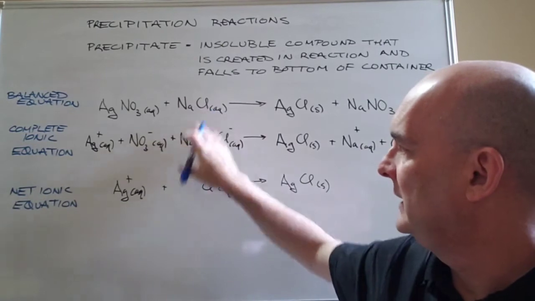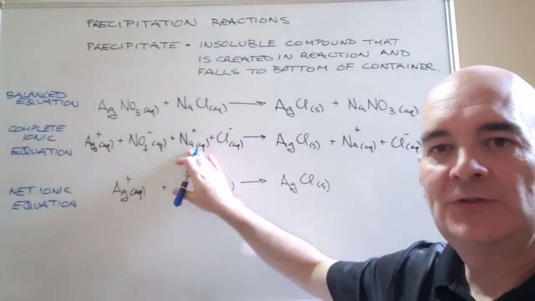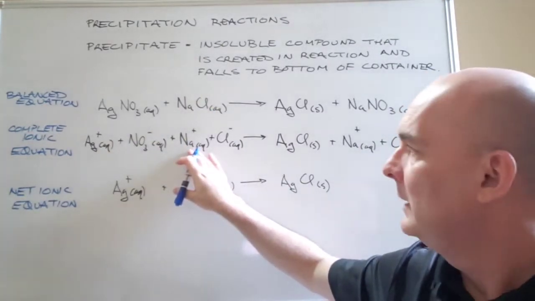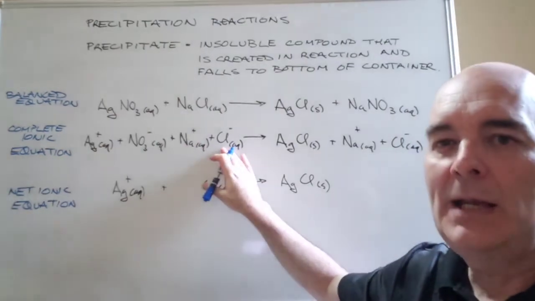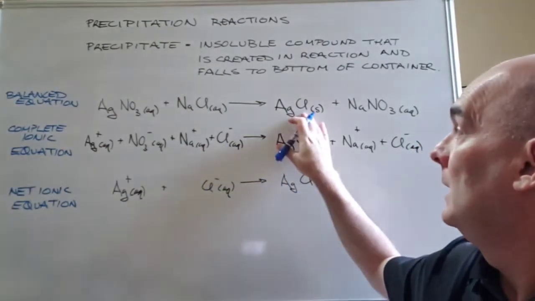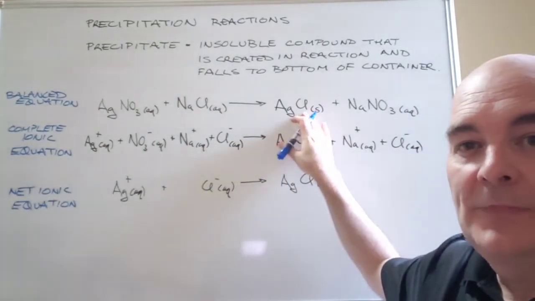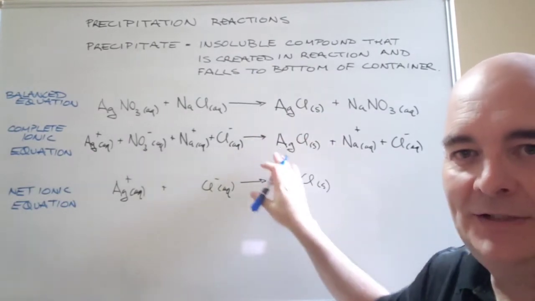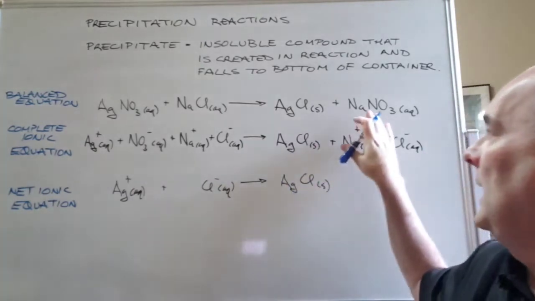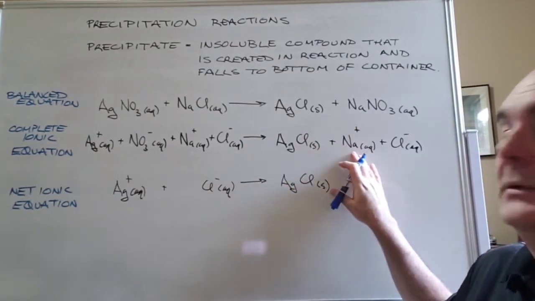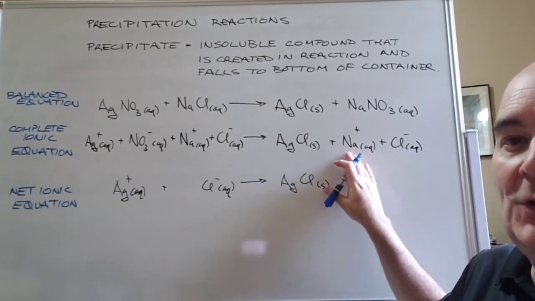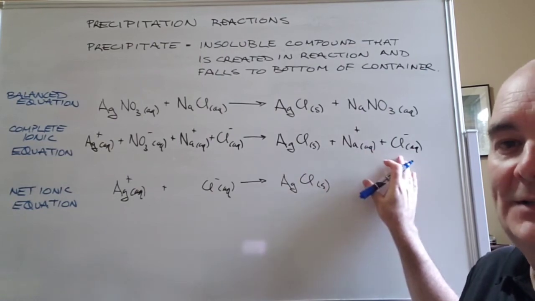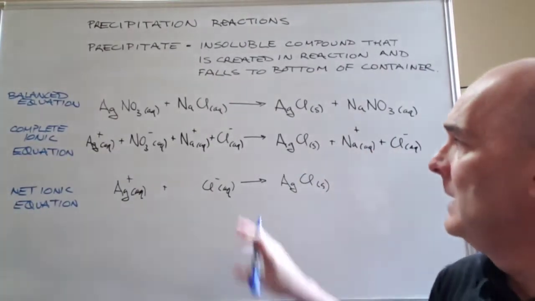Sodium chloride in solution contains sodium cations and chloride anions. Silver chloride is no longer in solution, so this stays as its own little entity. And sodium nitrate splits apart into sodium ions and nitrate ions.